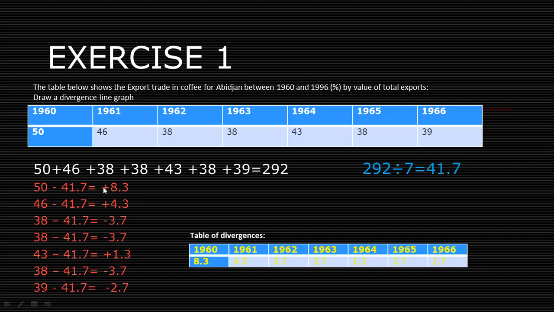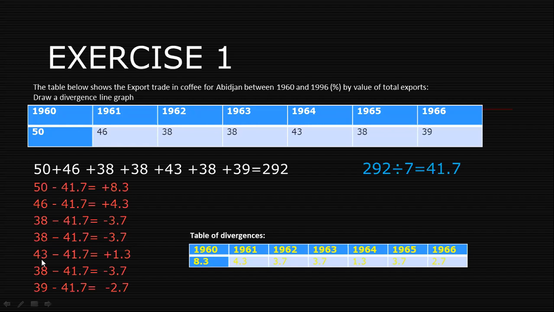We are including this as a positive. The second one for 1961, which is 46 minus 41.7, gives us positive 4.3. When we get 38 minus 41.7, we get negative 3.7, and again 38 minus 41.7 gives a negative 3.7.